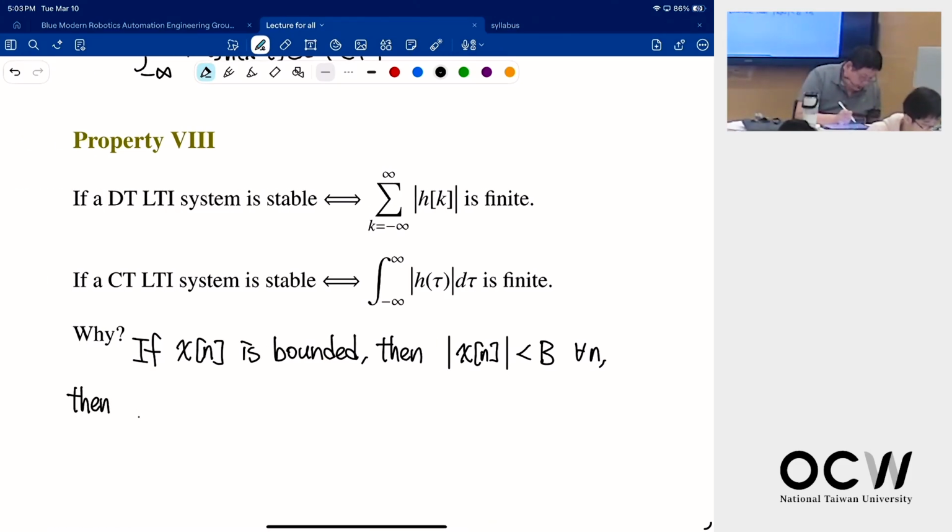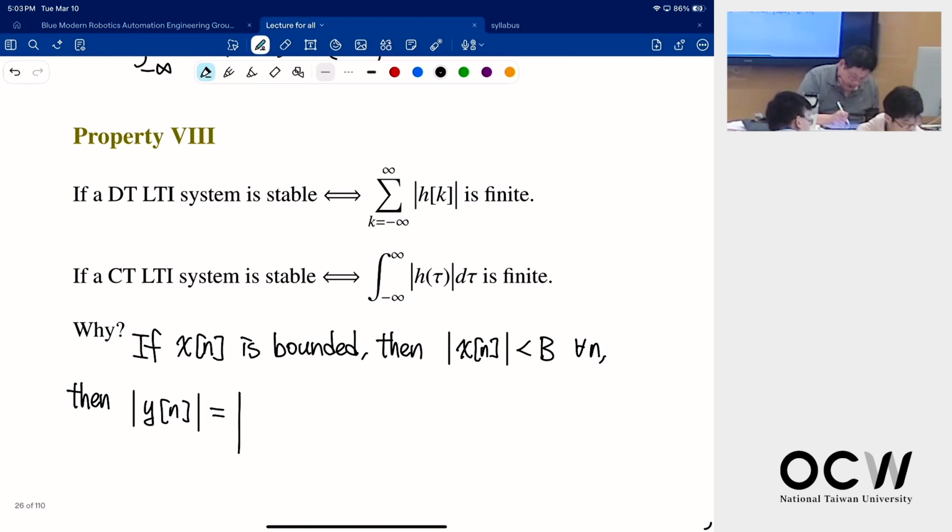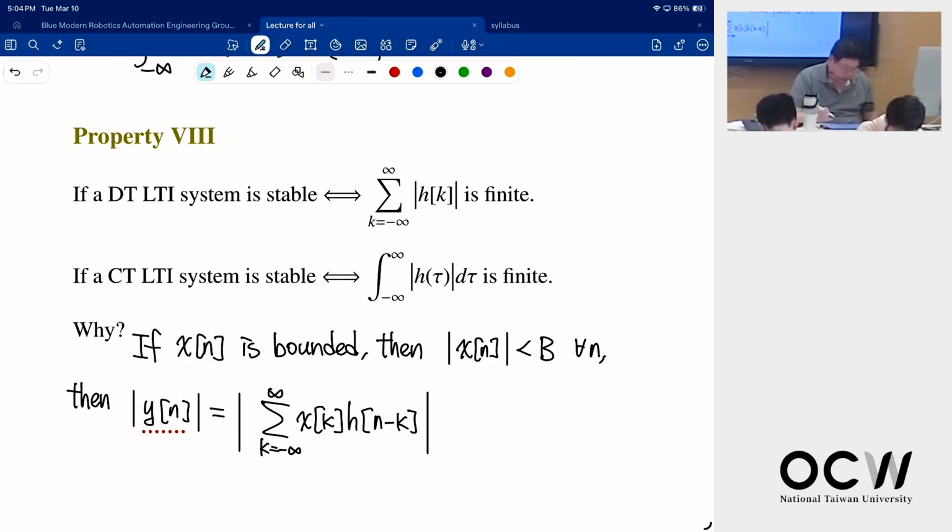Then your y[n] is, the magnitude, the summation k from minus infinity to infinity x[k] h[n minus k].